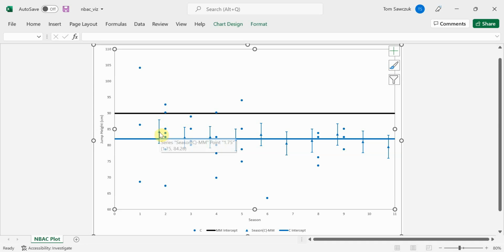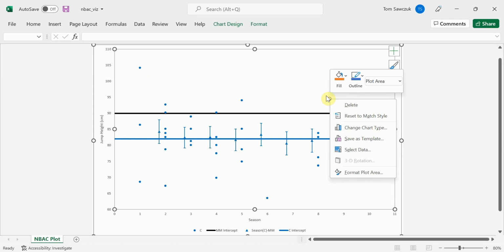If we didn't have season as a fixed effect within the model, it'd be the difference between these points and this line. And it's easy to see from the two images that we've just seen how the within position variance, particularly for centers, is much greater than the between position variance.